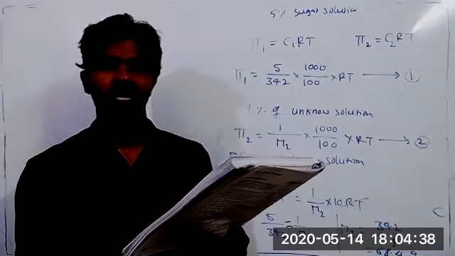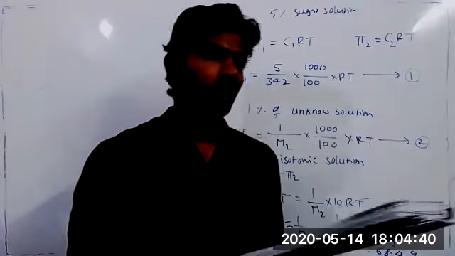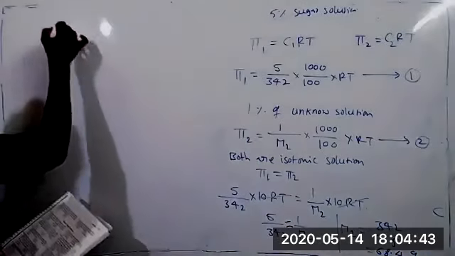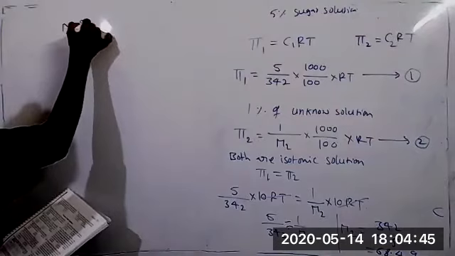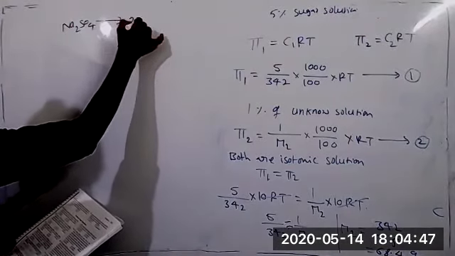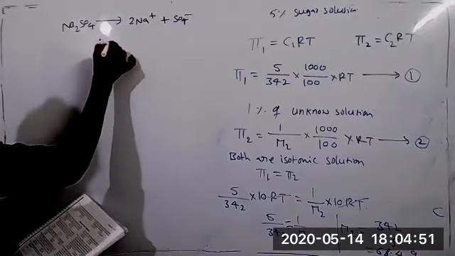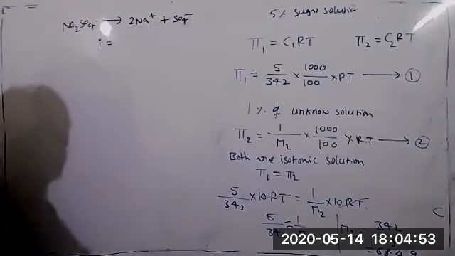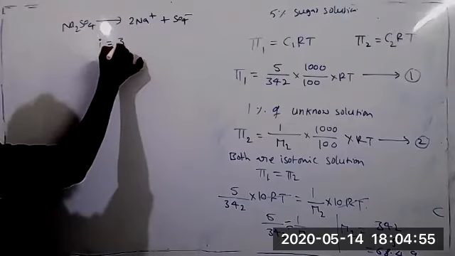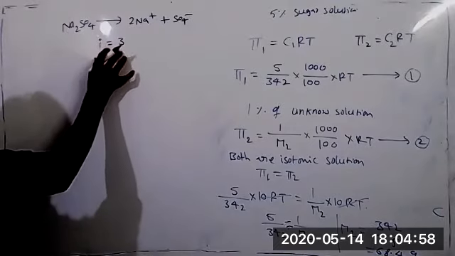Here one clue is given: sodium sulfate is completely undergoing ionization, so it gives 2 Na plus and SO4 minus. So what is the i value, how much? 3. Very good.